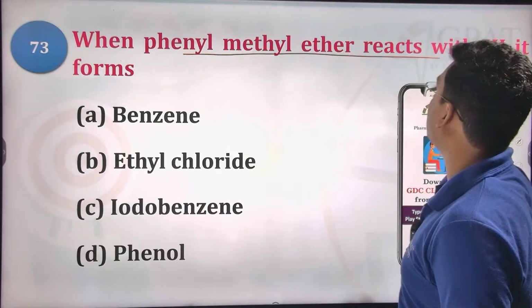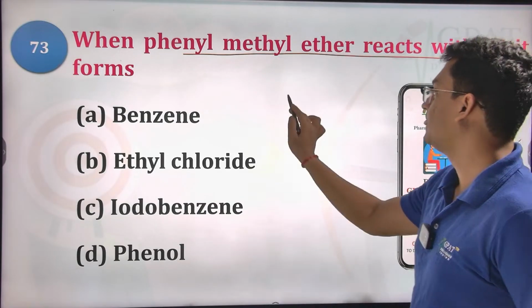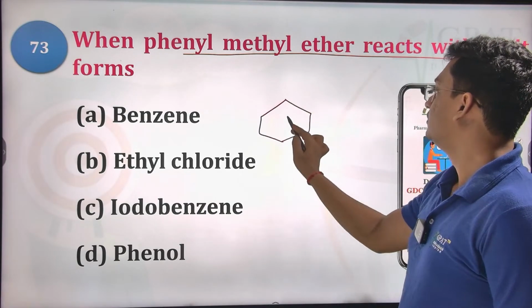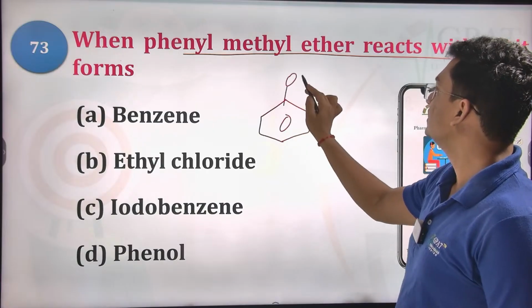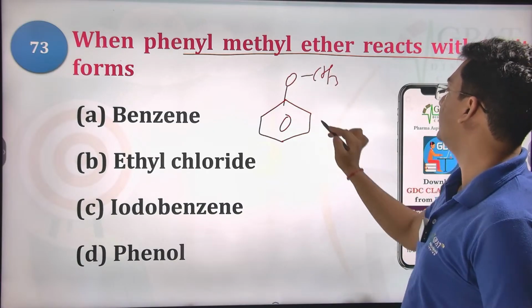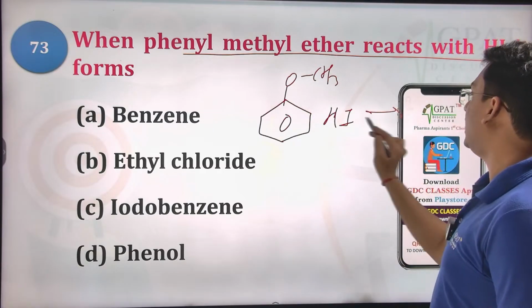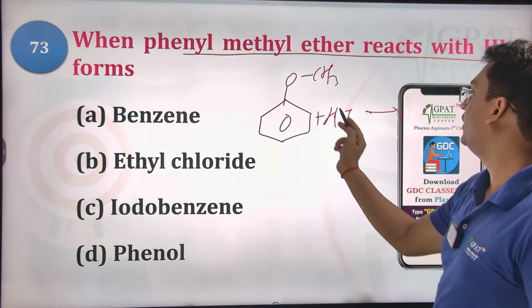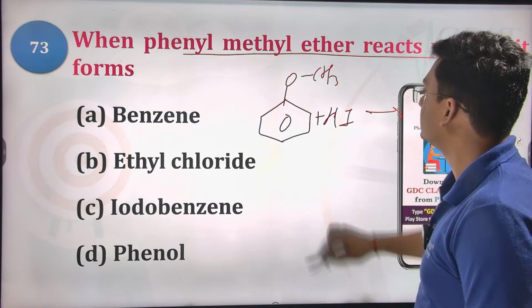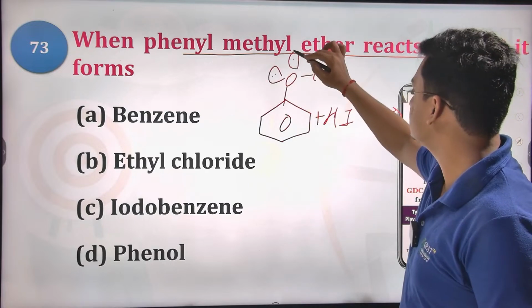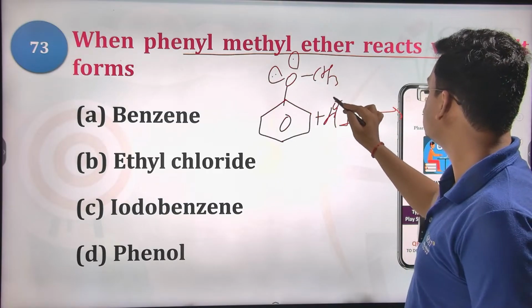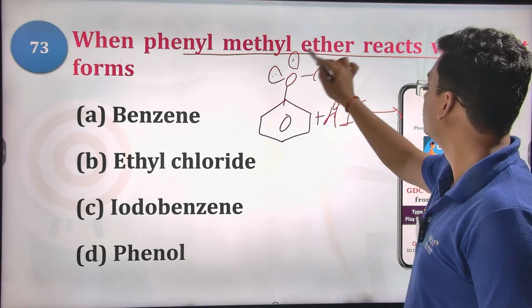When phenyl methyl ether reacts with HI, oxygen has lone pairs and there is delta plus, delta minus.